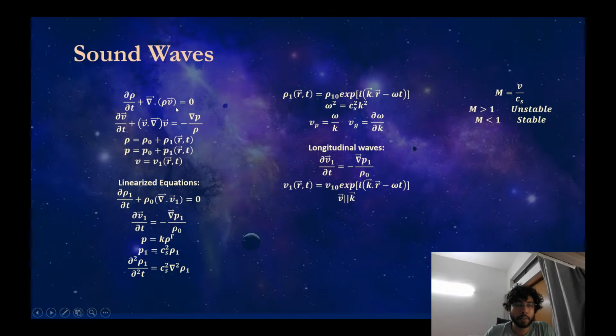This technique of doing linear stability analysis is very important and is used in many applications of fluids, right? So what we do in that technique is very simple.